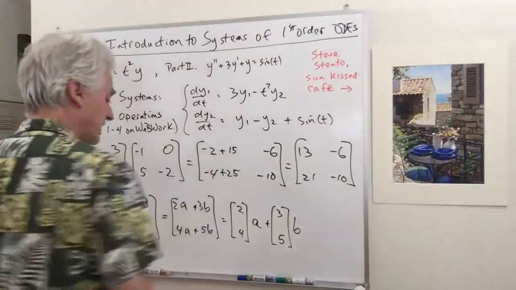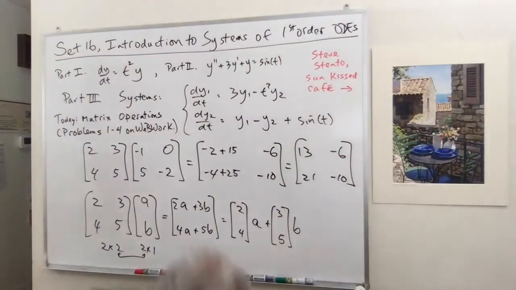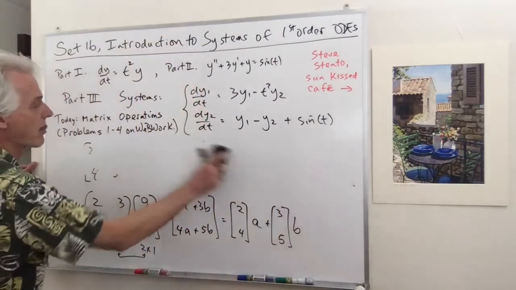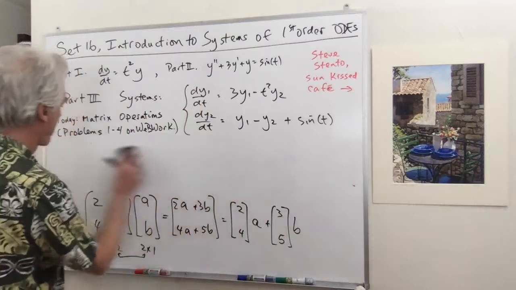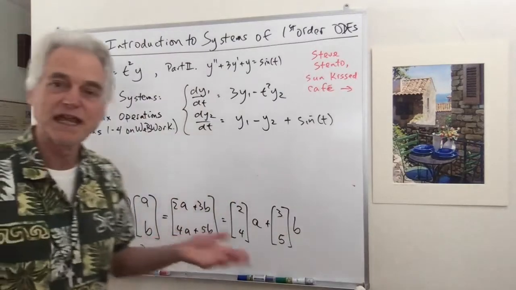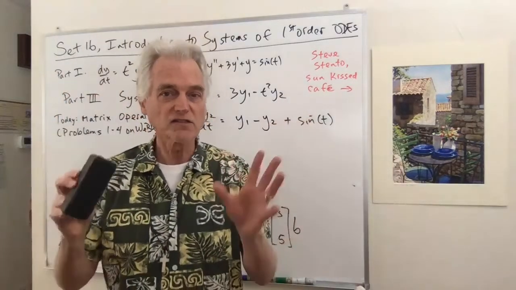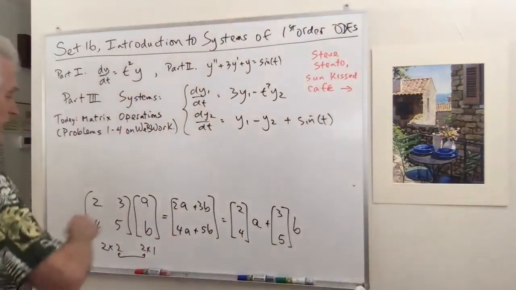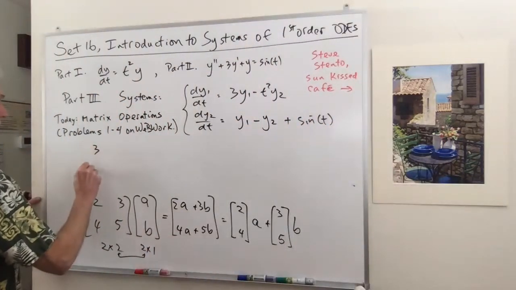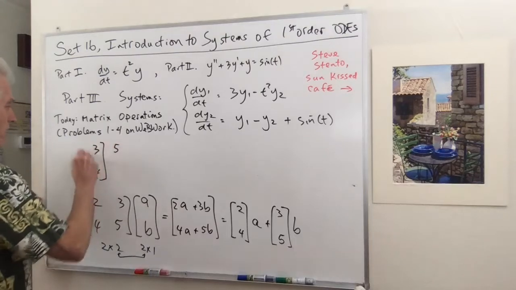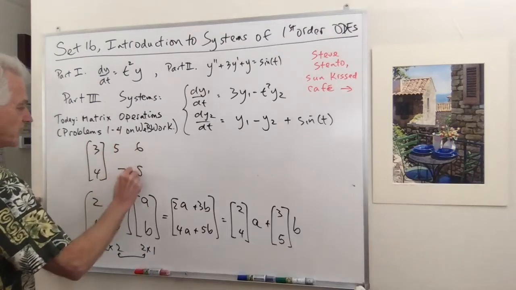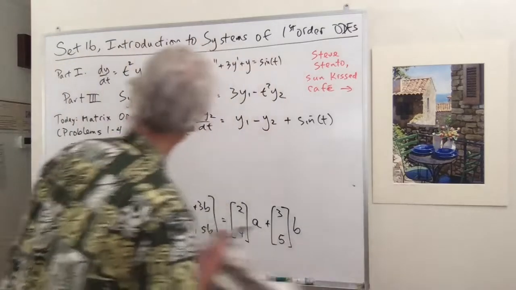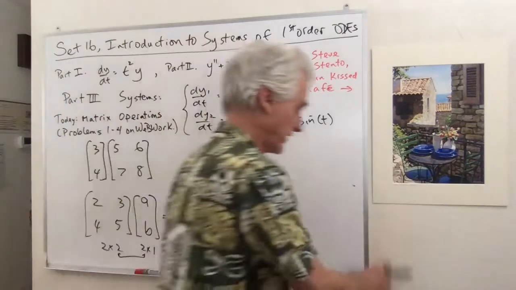And while we're at it, let me just mention an example of matrix multiplication that doesn't work because the sizes of the matrices are wrong. Could I do this? Could I do 3, 4 times 5, 6, 7, 8? Is that defined? Think about it.